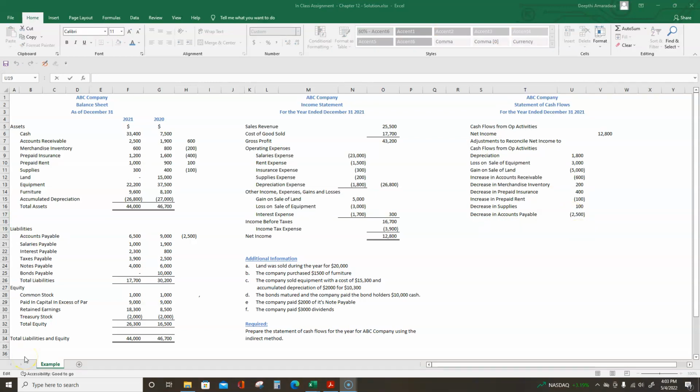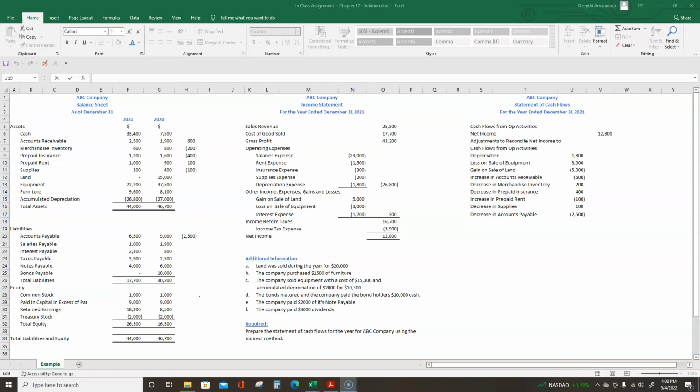As you get more and more into accounting, you'll understand why a decrease in liabilities or current liabilities translates to a decrease in cash flows. But at this stage, just learn how to prepare the statement and then you can evaluate why later.